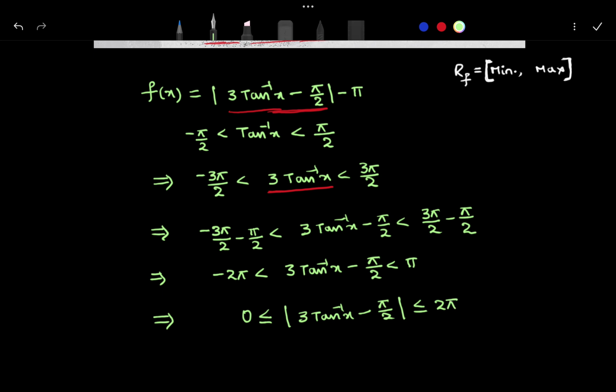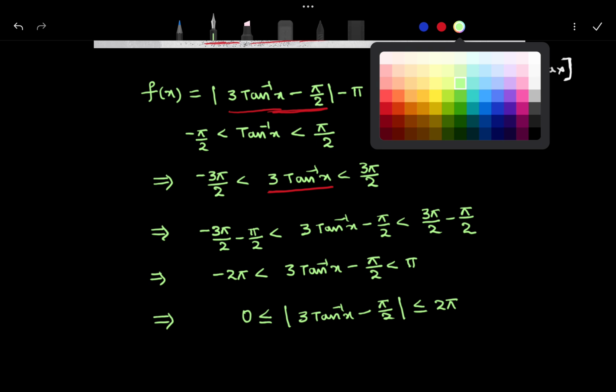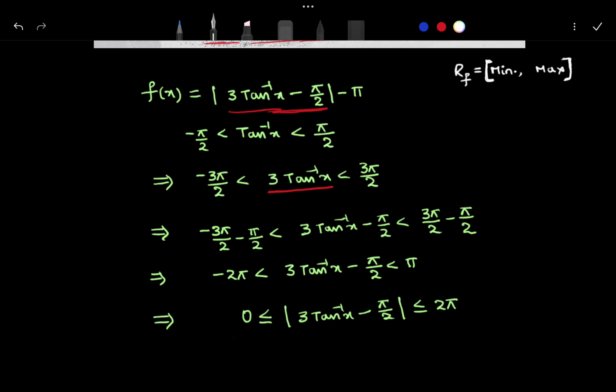This point is very important, so please all of you observe this very clearly. After you take the modulus, modulus of 3 tan inverse of x minus pi by 2 lies between 0 and 2 pi.